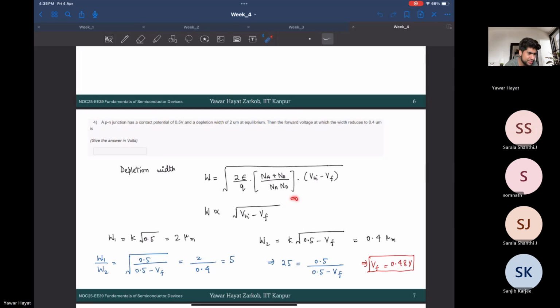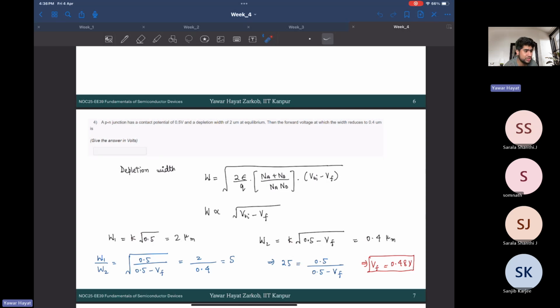So now, since we had computed this relation, our depletion width is directly proportional to this. From this I can conclude that the depletion width is equal to K times square root of 0.5 minus VF. Then take the ratio. K and K would cancel, because in one case you are applying bias, in the other case you are not applying bias.